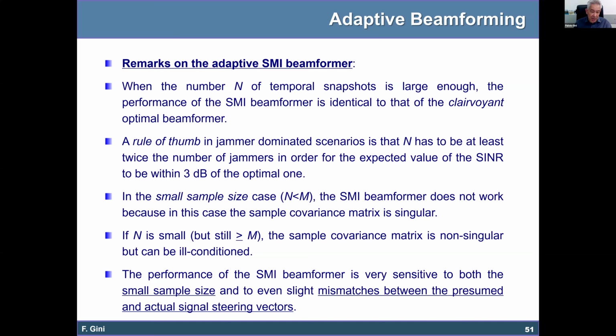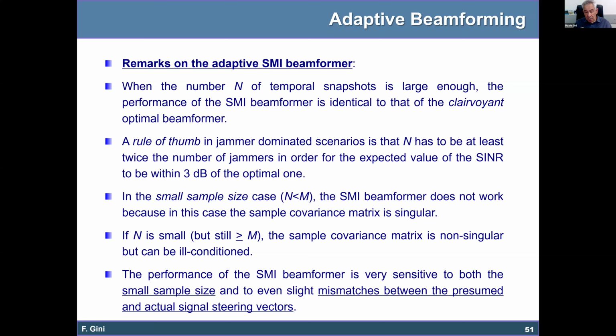If the number of snapshots that we use to estimate the matrix is smaller than the number of sensors, so smaller than the size of the matrix, the sample covariance matrix is singular. The rank is equal to n, which is smaller than m, so it cannot be inverted, and we are in trouble. So if n is smaller than m, we cannot implement the adaptive beamformer because we cannot invert the sample covariance matrix.